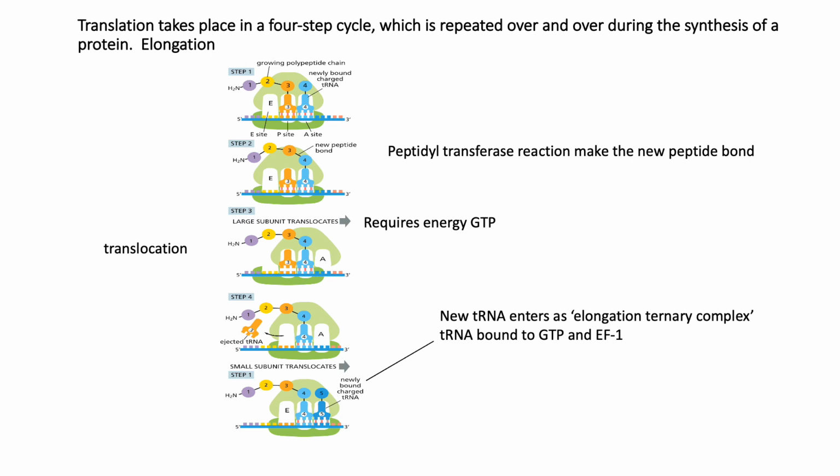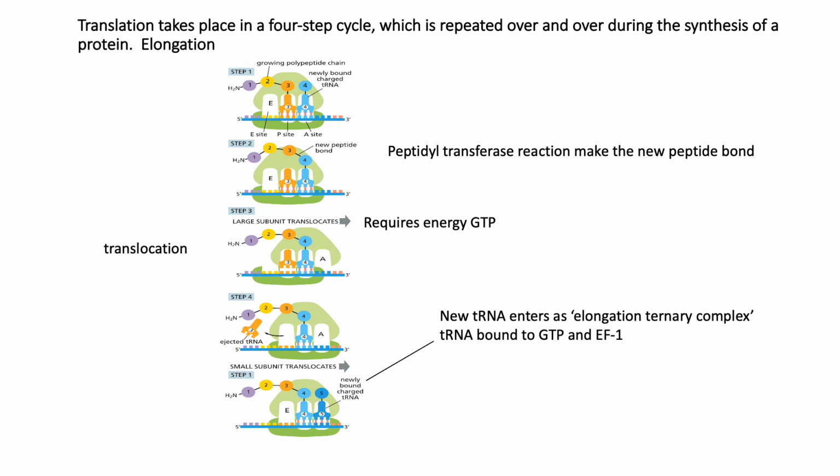What really happens is it's actually bound. The transfer RNA does not come in on its own. It comes in bound as a complex with GTP and an elongation factor called EF1. These 3 things together, the transfer RNA, the GTP, the EF1, is called the elongation ternary complex.